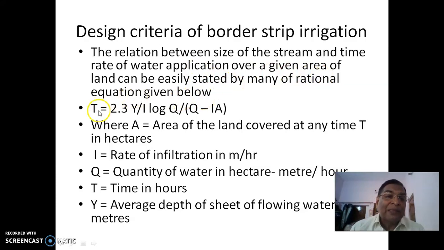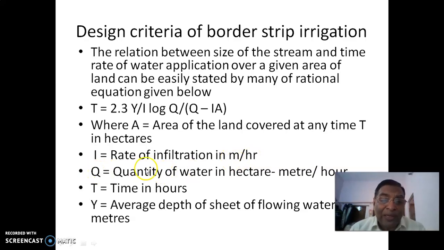So this is T equals 2.3 y by I, log base 10 of Q by (Q minus IA). What are all these things? A is the area of the land covered at any time T, in hectares. I is the rate of infiltration of the soil, given in meters per hour.